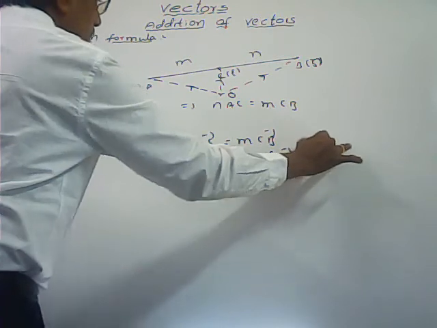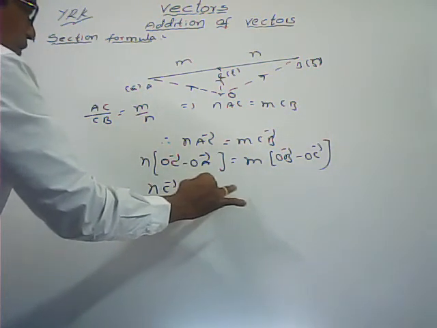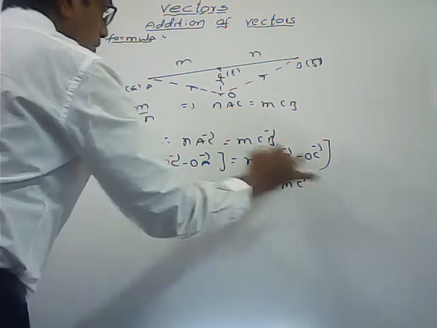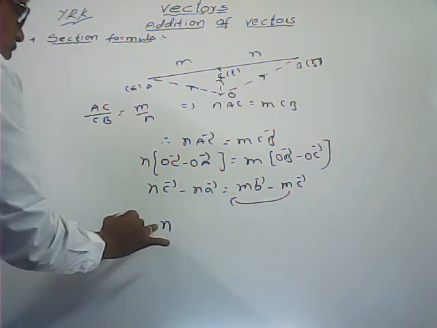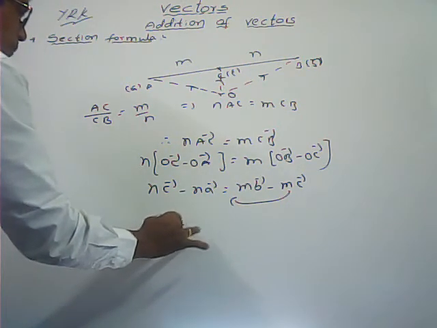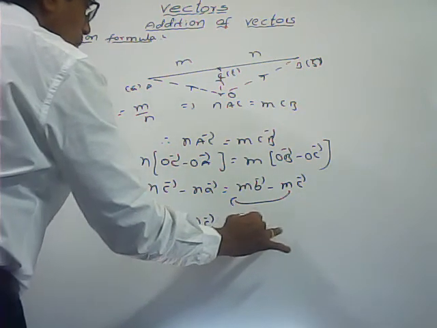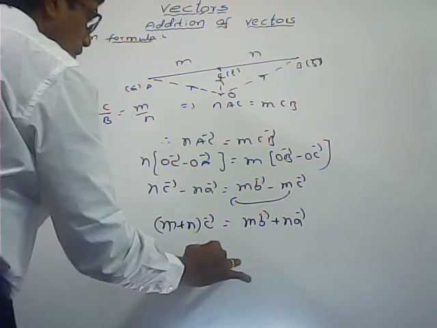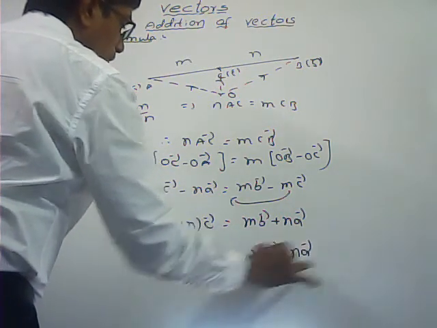So N into C bar minus N into A bar, that is equal to M into B bar minus M into C bar. Here this one you can transpose this side. C bar if I take common, M plus N into C bar, that is equal to MB bar plus NA bar. C bar, that is equal to MB bar plus NA bar by M plus N.